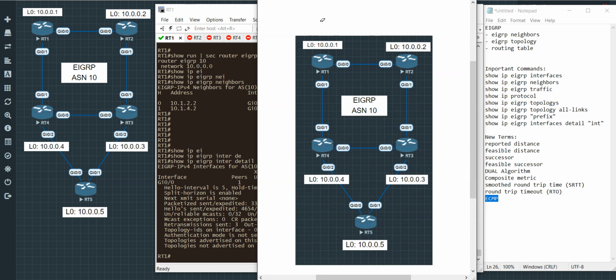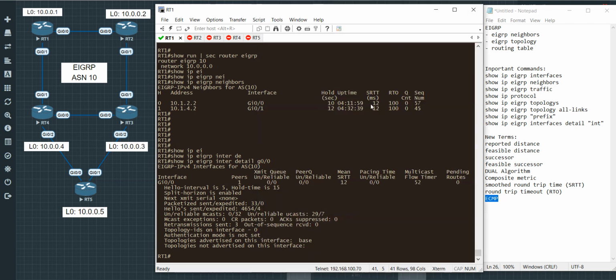So basically the round trip time is this router here sending a message to this router and this router replying back. And so this should normally be a pretty low value. In this case, in our lab, we can see that it's 12 milliseconds.